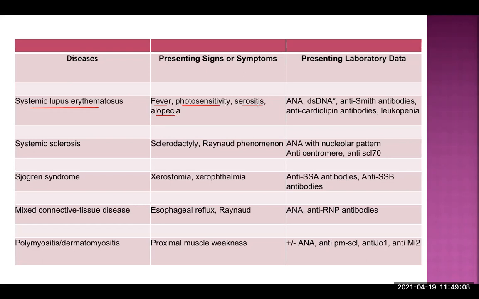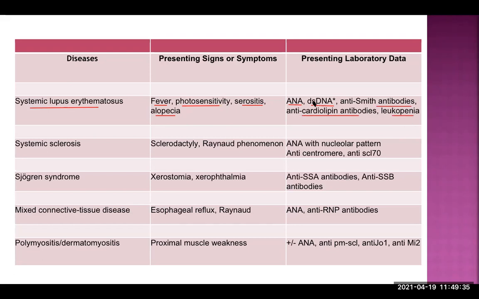Fever, photosensitivity, serositis, alopecia, okay, hematological abnormality, renal abnormality, central nervous system abnormality, all those things are here. Now ANA, anti-nuclear antibody, double-stranded DNA antibody, anti-Smith antibody, anti-cardiolipin antibody, and leukopenia. All of these are important features of SLE diagnosis.